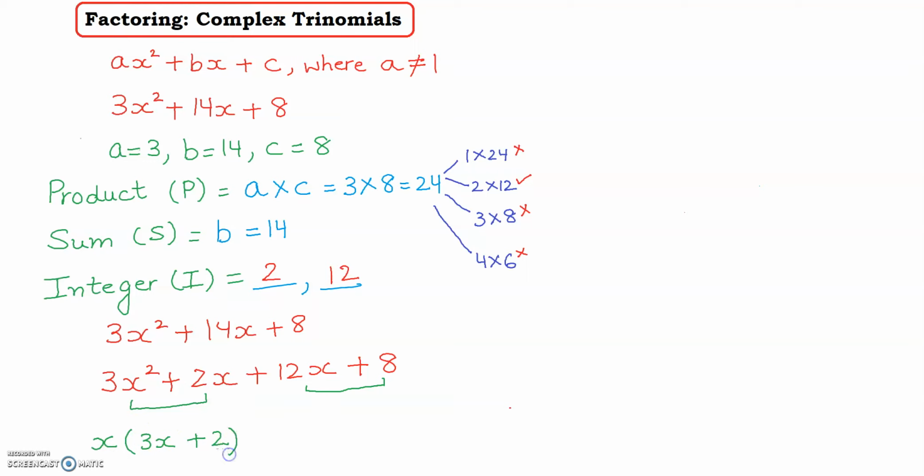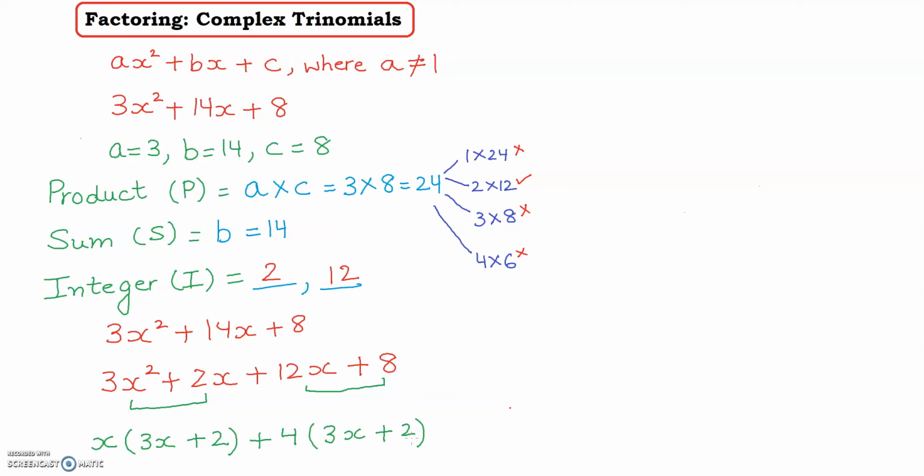We can double check. x times 3x gives us 3x squared. x times 2 gives us 2x. From the last two terms, I can factor out 4. Therefore, it is 3x plus 2. And you can double check here as well. 4 times 3x is 12x. 4 times 2 is 8, which is the last term.